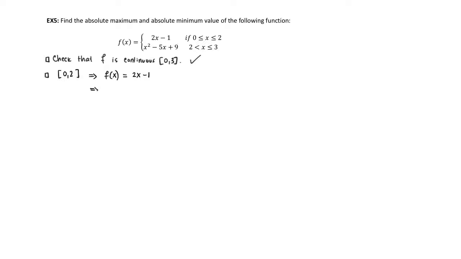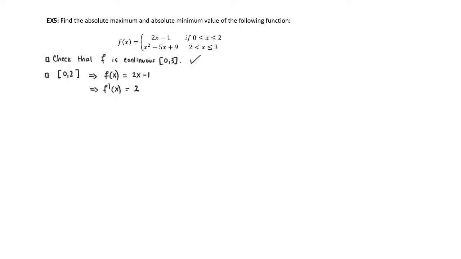So then the derivative of this function is going to be equal to 2. But because it is equal to 2, this derivative is never equal to 0.